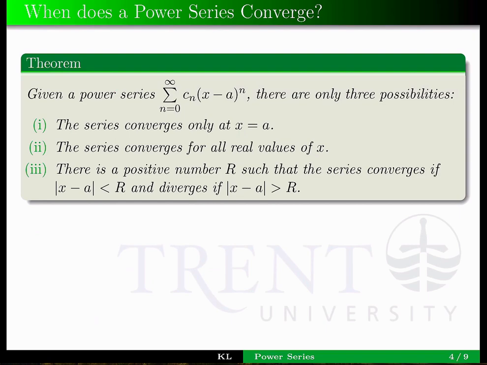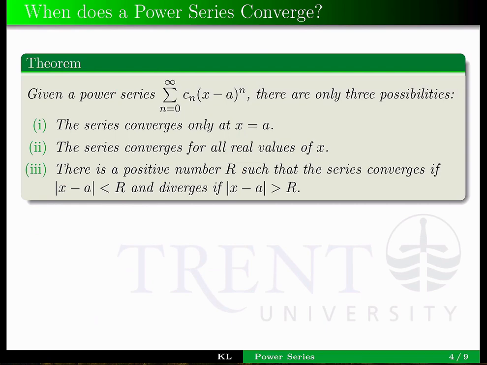And lastly, we can find a positive number r such that the series converges if the absolute value of x minus a is less than r, and diverges if the absolute value of x minus a is greater than r. Okay?